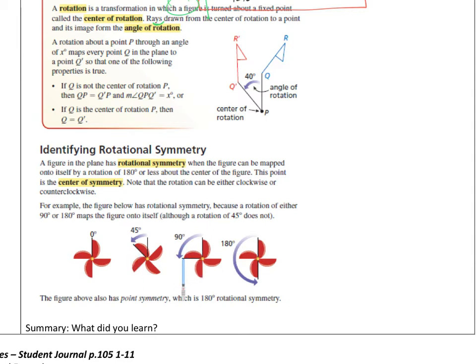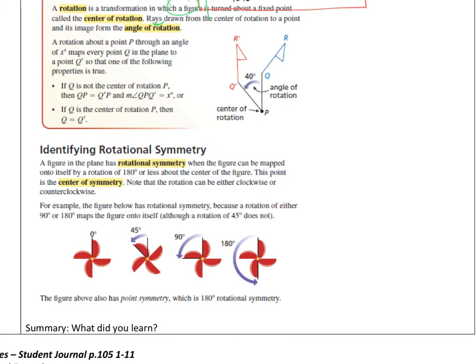But if I move it 90, it ends up being the same as the original, so it has rotational symmetry of 90 degrees, or you can even say 180 degrees. So this has rotational symmetry of 90 or 180 because when you rotate it, it looks like the original. So the figure above also has a point of symmetry, which is 180 degrees rotational symmetry. So that's our point of symmetry right there.